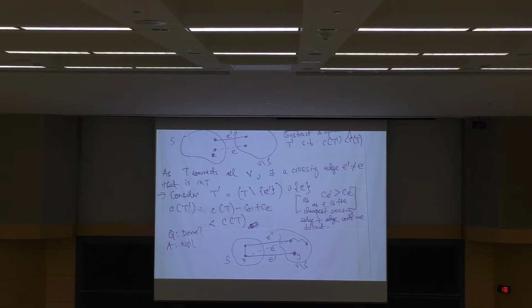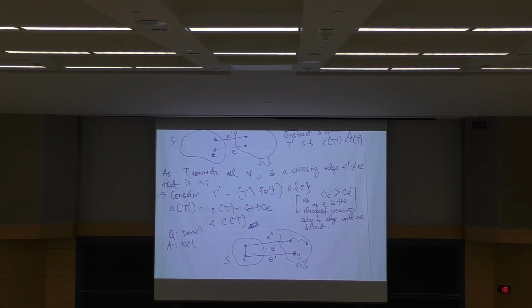So the way we did the argument was, while T has some other crossing edge, let's just pick any one of them and it will be fine. But in this case, if you pick E prime and throw it away, y gets disconnected, and that's not good. What we should have done is pick E double prime instead of E prime, and then we would have been fine.